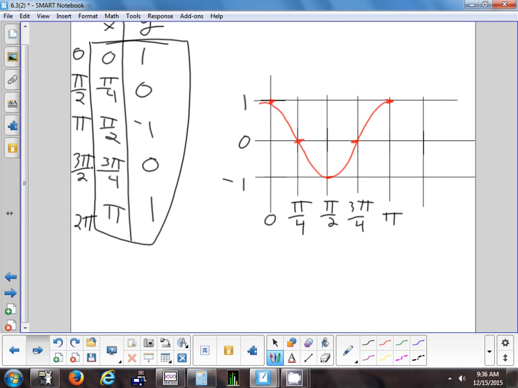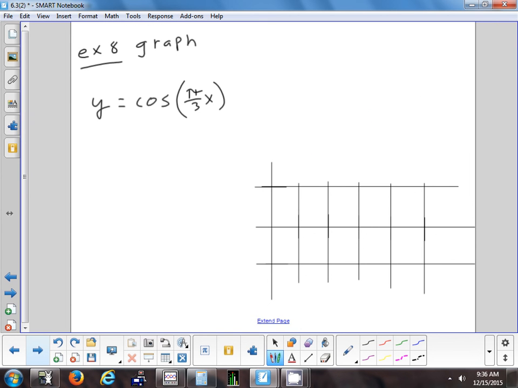All right, let's try our last one. It kind of looks like a messy number in front of x, pi over 3. But this problem actually works out very nicely. In fact, our labeling is going to be the nicest it's ever been for any problem we've done.